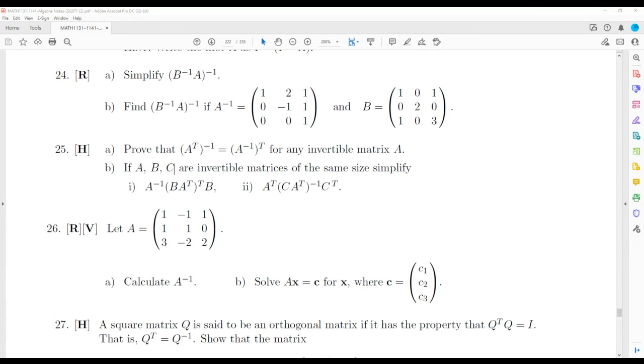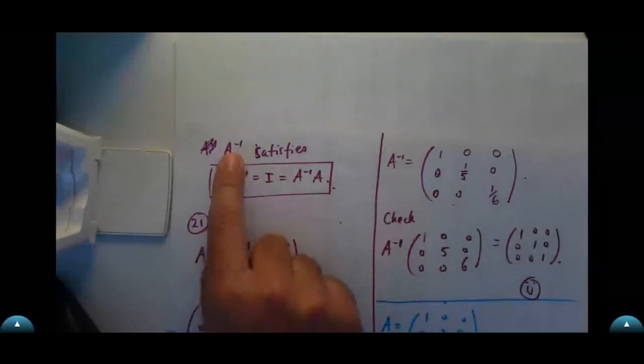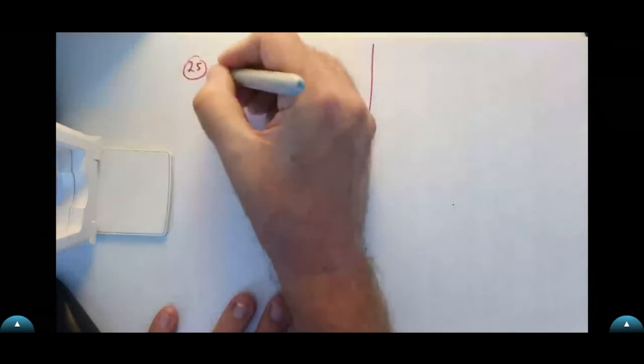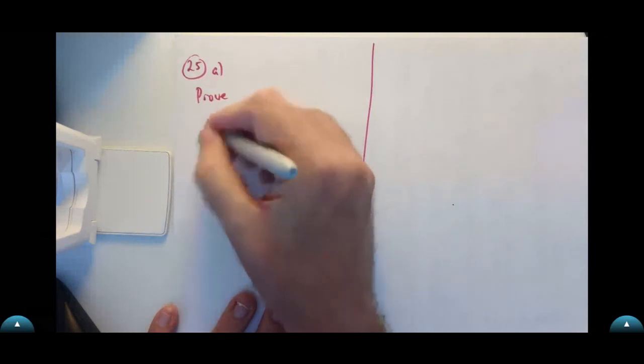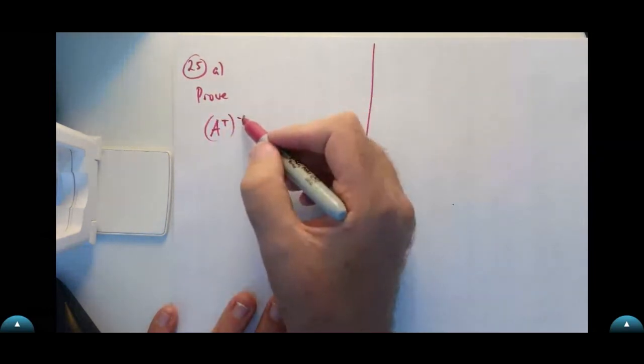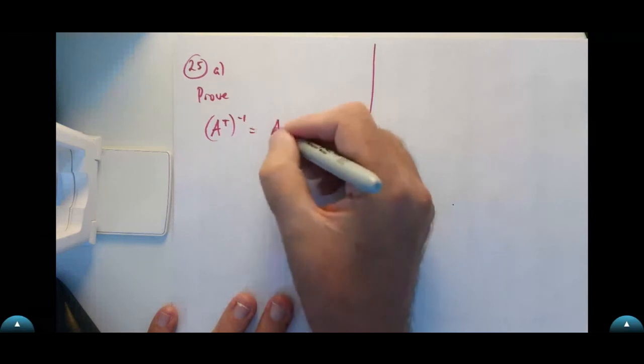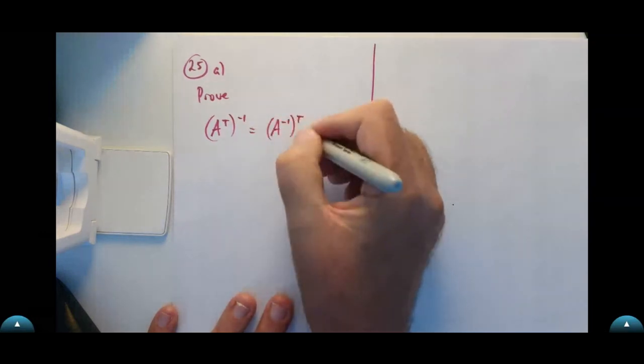It's a really interesting question, I think. Okay, so it comes back to essentially this definition back here of what it means for a matrix to be the inverse of another matrix. Okay, so we're going to use that. So we want to prove the inverse of the transpose equals the transpose of the inverse.